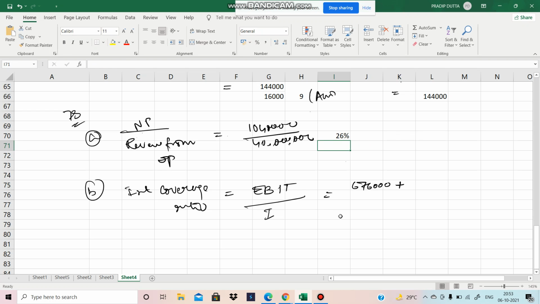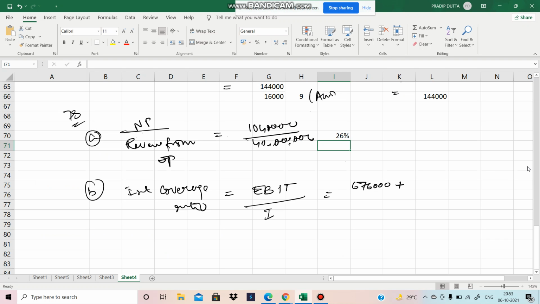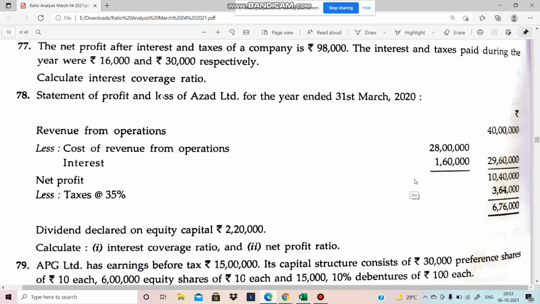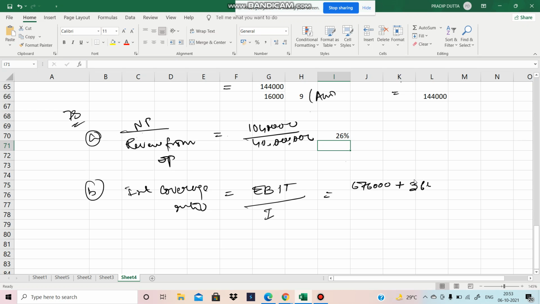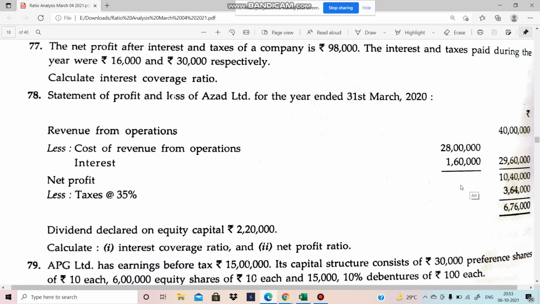26% is our answer. Here also the earning before interest and taxes is 6,76,000 plus the tax, 3,64,000, plus the interest. What is the value of interest? The value of interest is 1,60,000.